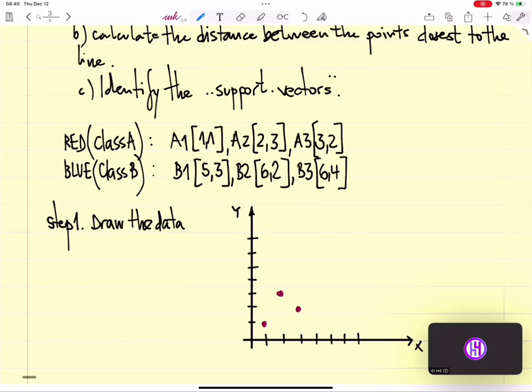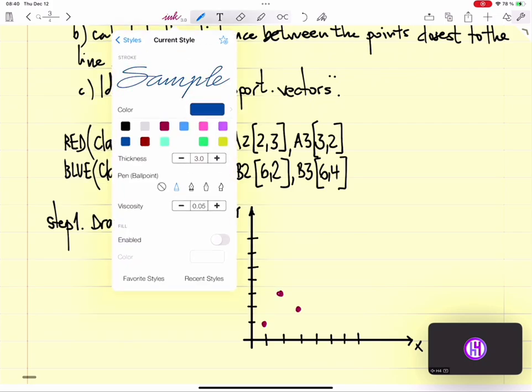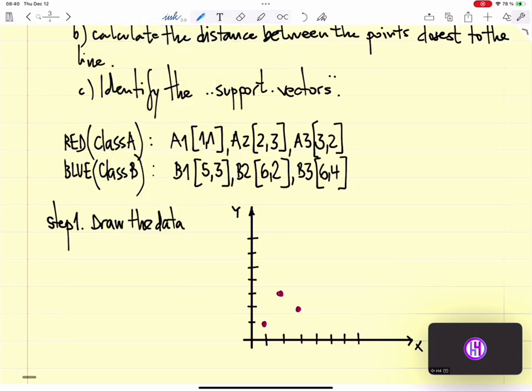So these are the red dots, and the blue dots are 5, 3, 6, 2, and 6, 4. So somewhere there. All right.